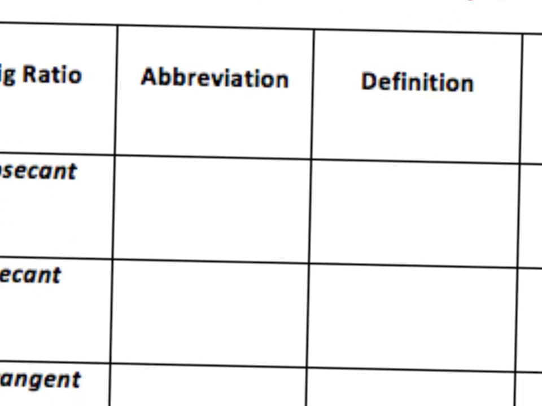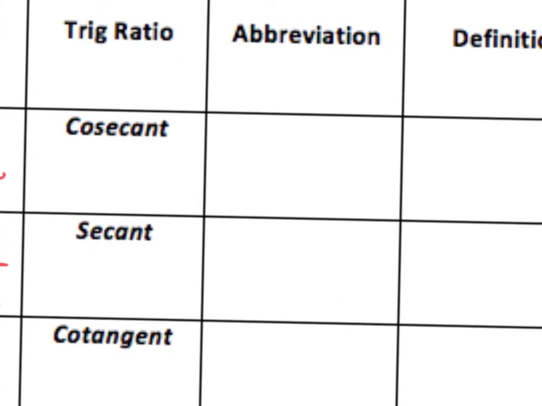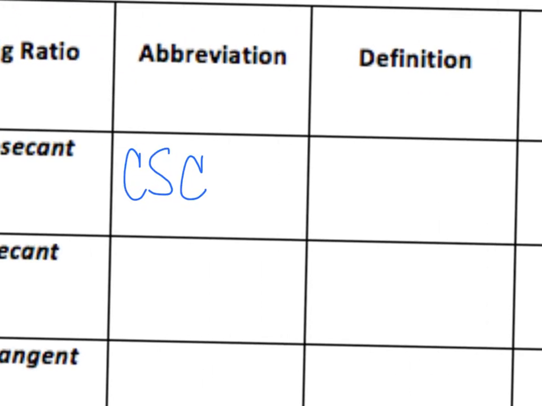Okay. So we've got 3 new functions to talk about this year. They're cosecant, secant, and cotangent. Cosecant, we use the abbreviation CSC, and that definition, we're going to take the hypotenuse over the opposite side.